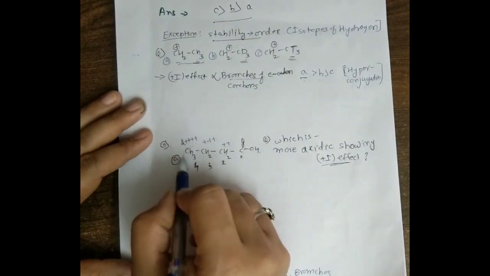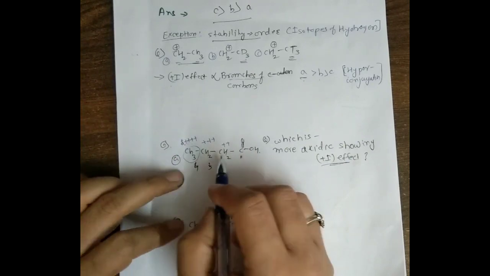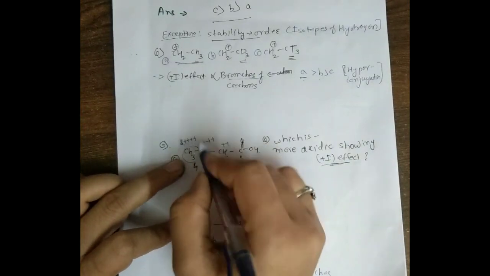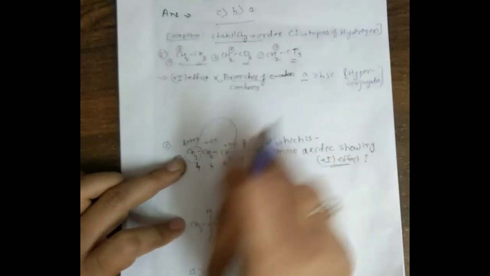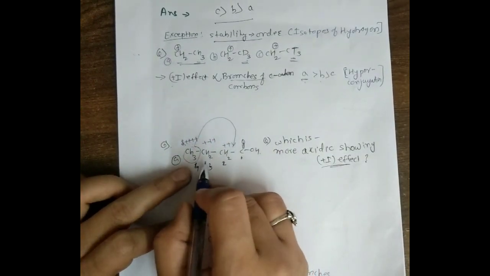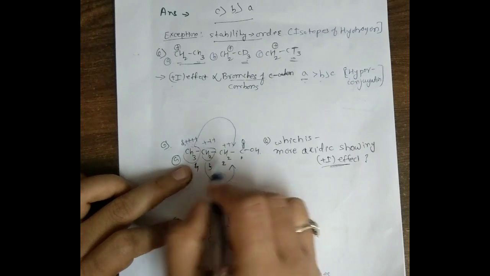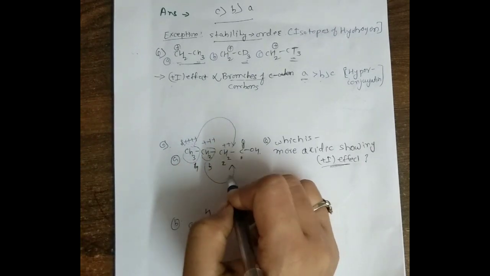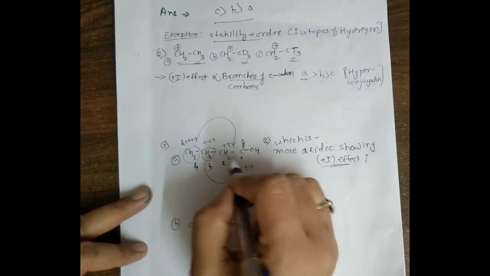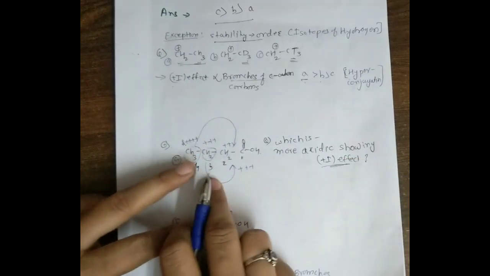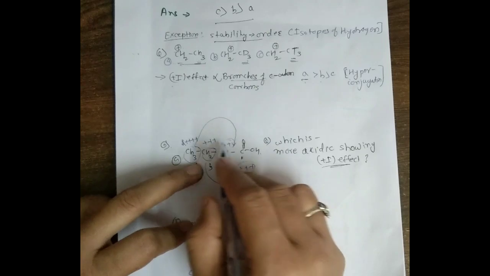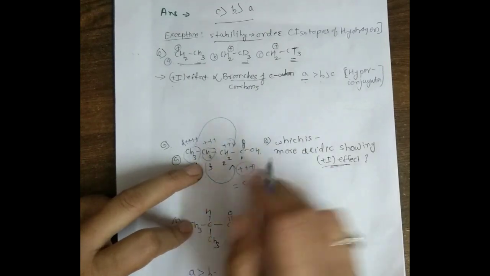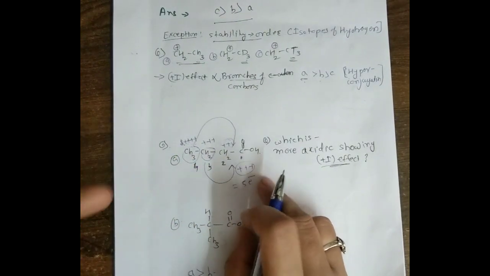This CH3 will show inductive effect on this carbon by +2 effect, and this CH2 gives inductive effect by +3 effect on this carbon atom. So the total is 2 + 3, that is 5 positive.